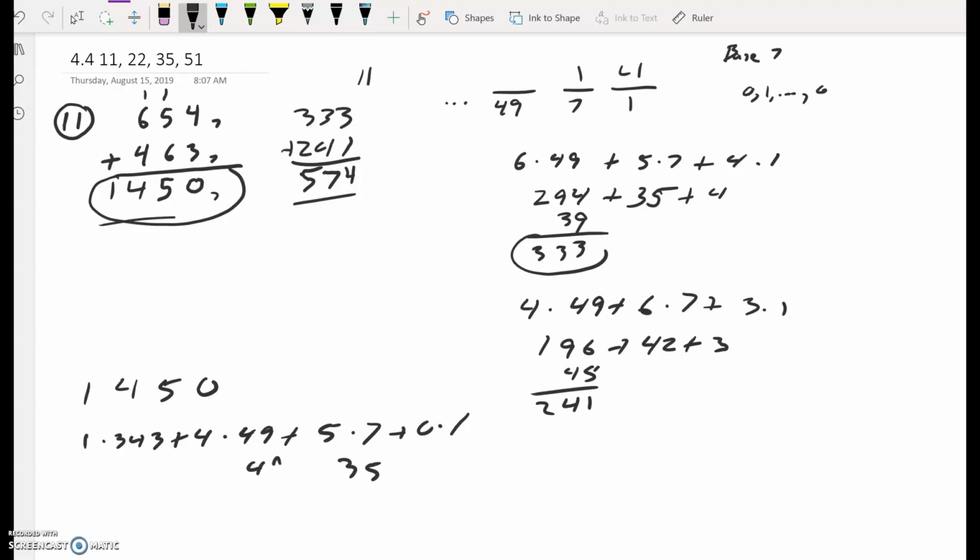This is 35, this is 49 times 4, which is 196, and this is 343, so we have 343, 196, and 35, so we have 574. Check. So you can always check one of these additions in a different base by turning things into base 10. And with a calculator, that'd go fairly quickly.